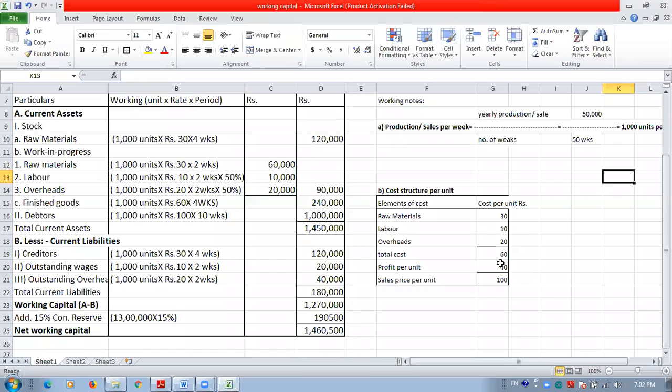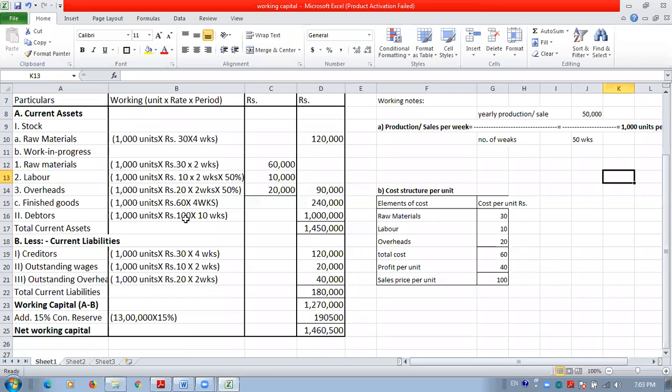That's why we calculate by taking the total cost rate of 60. And for debtors we consider the selling price, because debtors arise after selling those goods. The goods are sold at the selling price, which is 100. You can see in this cost structure also the selling price per unit is 100.